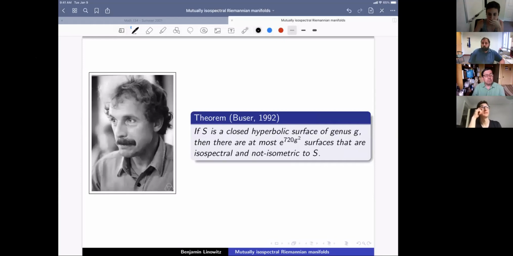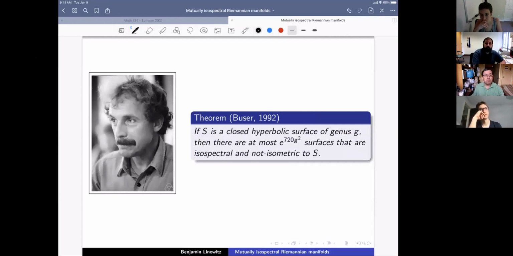Yeah, so the 720 is not at all best possible. That can be improved. On the other hand, the g squared there can't be improved if you use the same parameterization as Buser. That's as good a bound as this method will give you.